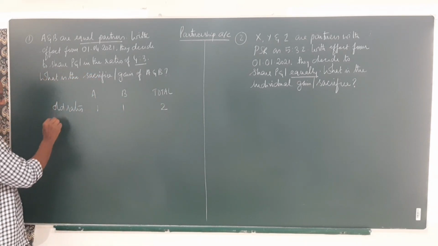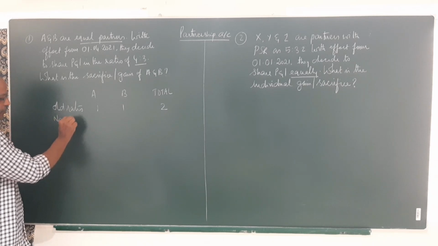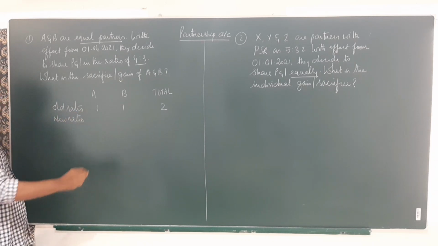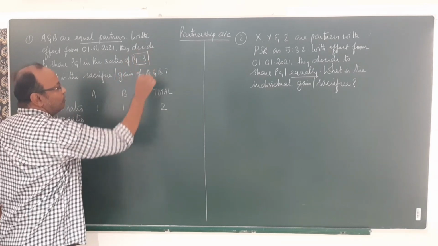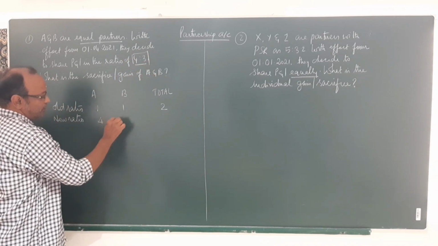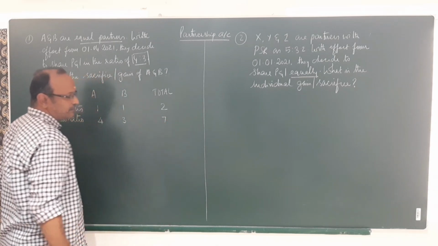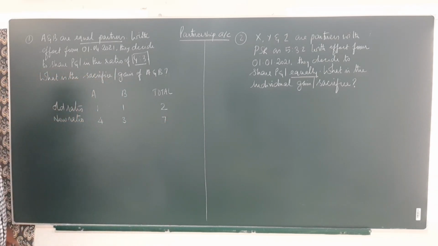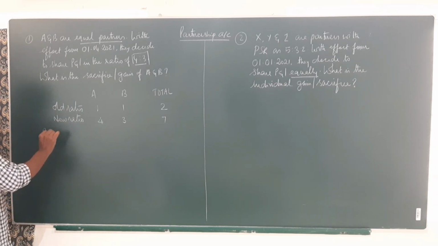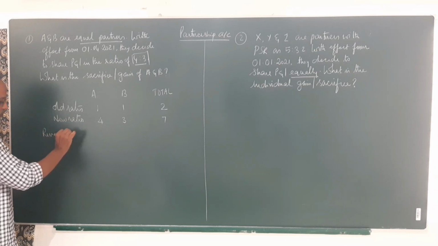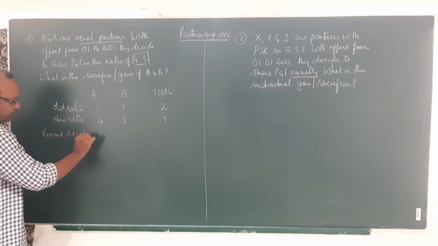The next one, we need the new ratio. New ratio is given, it is 4:3 and the total is 7. So far no confusion? No confusion.